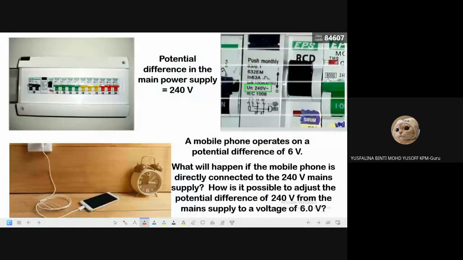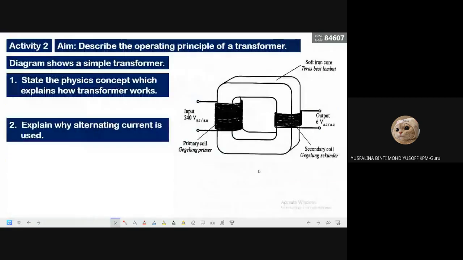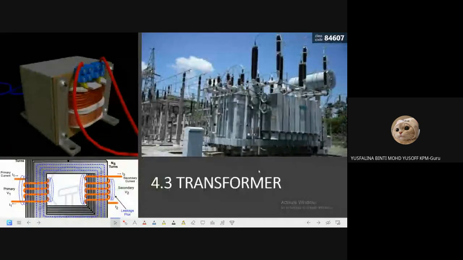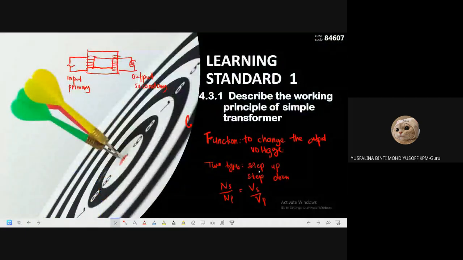In order to use this formula, what is NS, what is NP, what is VS, what is VP?